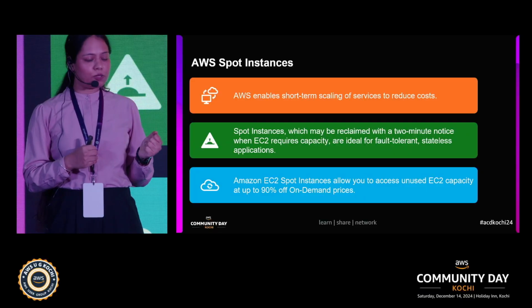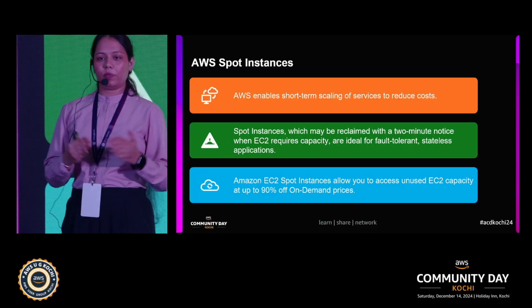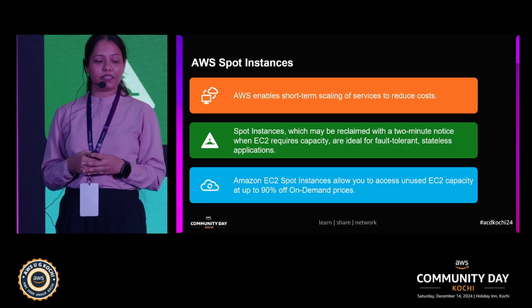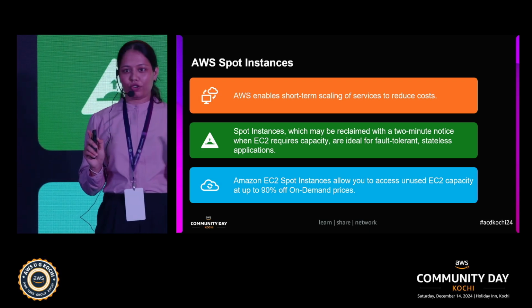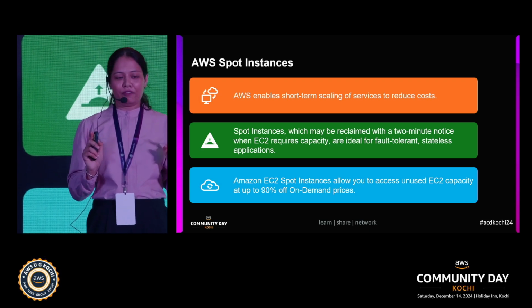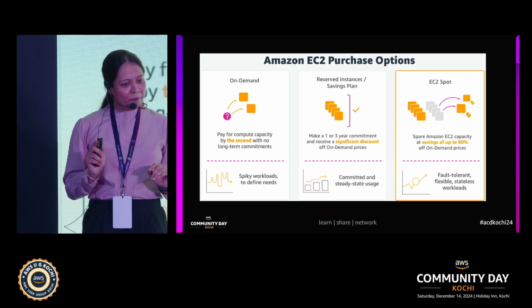It is ideally used for fault tolerant or stateless applications like Lambdas. Amazon EC2 spot instances allow us to access EC2 capacity at up to 90% off the on-demand price. So if we are getting an on-demand instance for say 100 rupees, we'll be getting a spot instance for 10 rupees. So it will be giving us a huge 90% discount. So only useful for fault tolerant, don't use it for your proper client data where it will be needed 24/7.